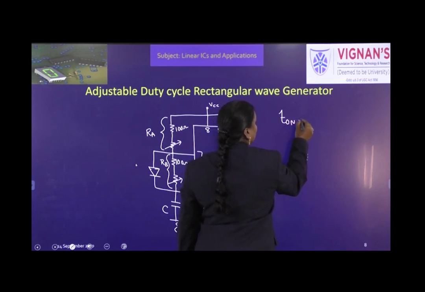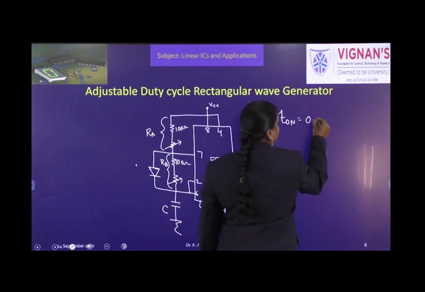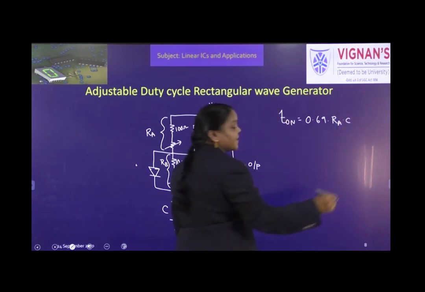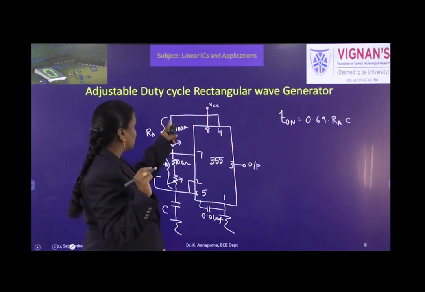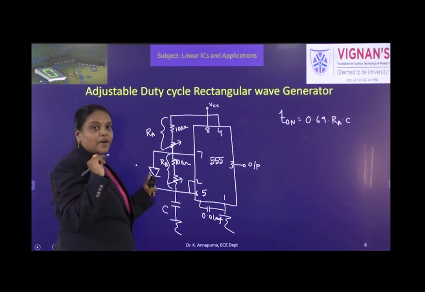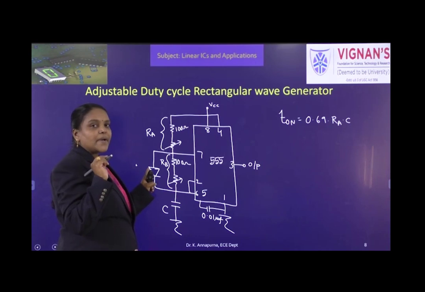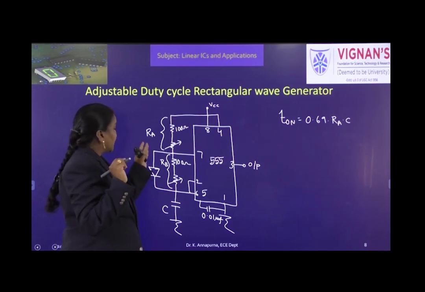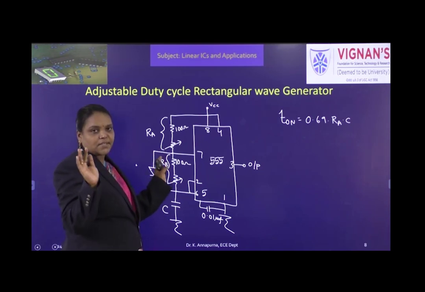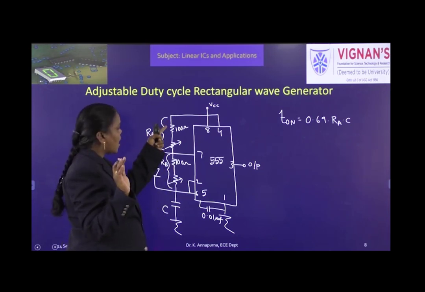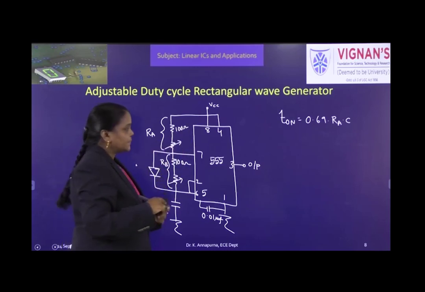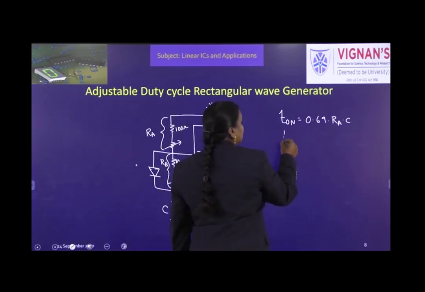T on is equal to 0.69 into RA into C instead of RA plus RB into C, because during on, when the current is flowing like this, this diode will be in forward biased condition. So it will act as a short circuit, so there is no effect of this resistor. It will be shorted, so only the RA resistor will be there. So 0.69 RAC.